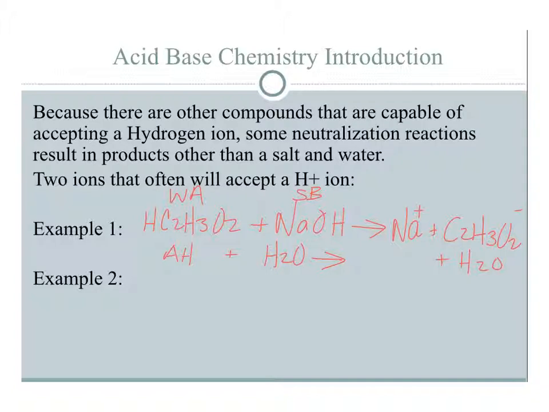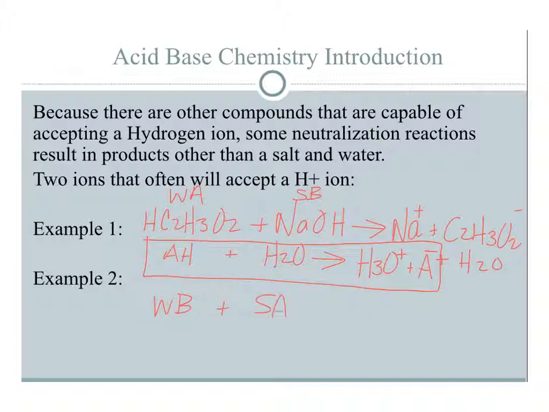Yields H3O plus A minus. So in this reaction, we're just showing a weak acid with water. In another example, we might have a weak base and a strong acid.